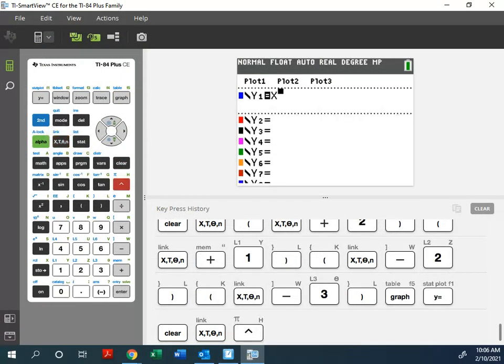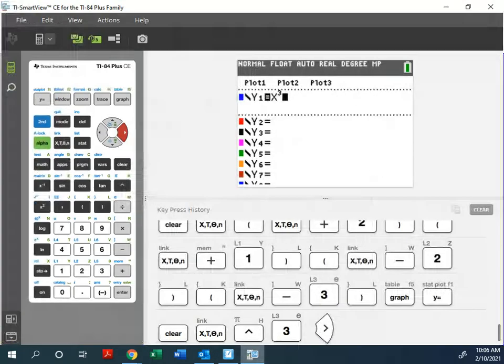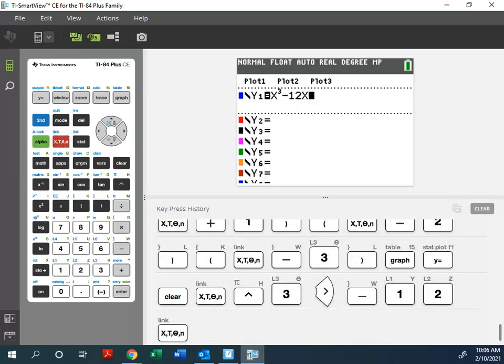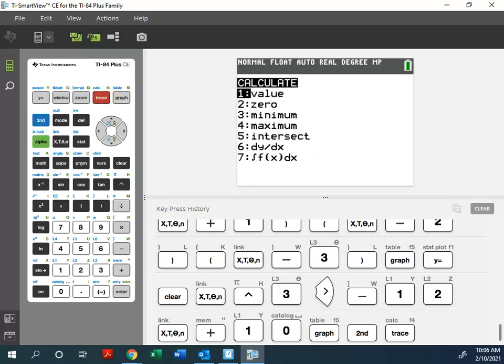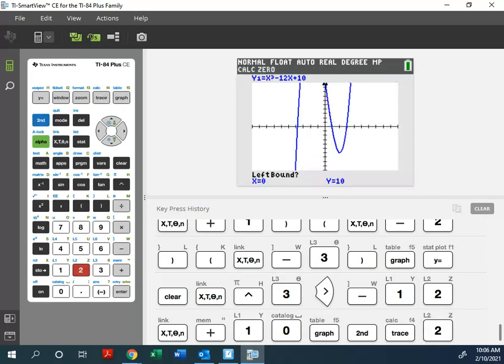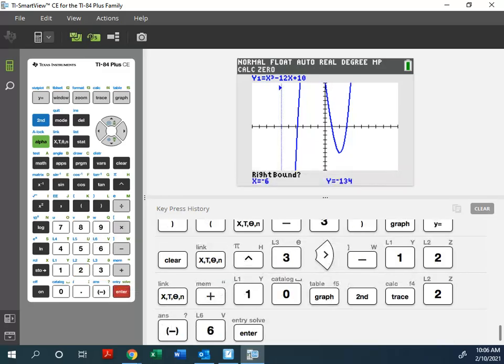Okay, x to the power of 3 minus 12x plus 10. Okay, I'm going to go get my x-intercepts because that looks like fun. Second function, trace, zero. If I want to find this one, I know -6 is to the left and -1 is to the right.